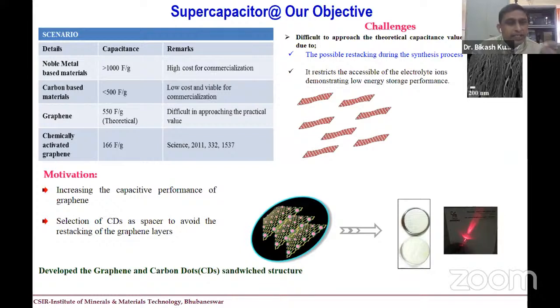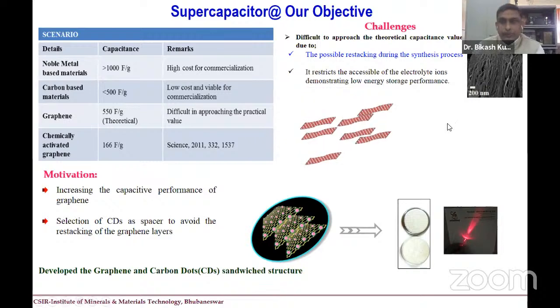But it is very difficult to get that 550 farad per gram, because when you synthesize graphene, separate it out, make single layers, make it a powder and store it, it can restack, and its surface area decreases.